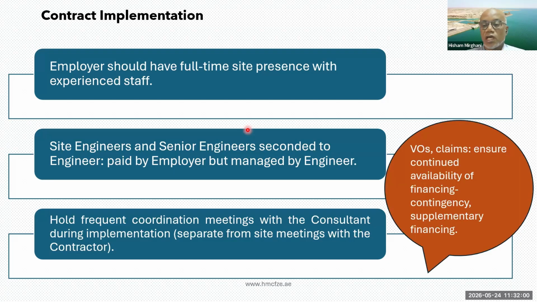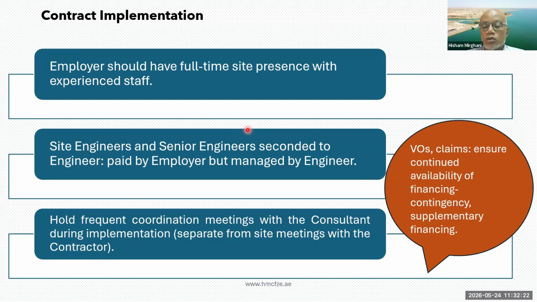It's very important for the employer to coordinate with the consultant and to have frequent meetings, because the employer needs to be updated on the variation orders and the claims, and needs to ensure the continued availability of the financing and the utilization of the contingency. Not just the contingency in the contract, but also there would be a contingency item in the financing, and contingency available from the employer's budget.